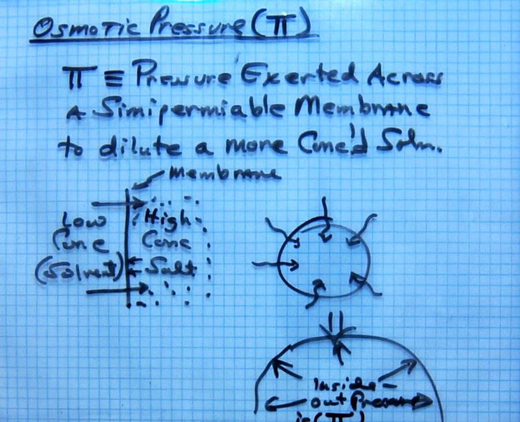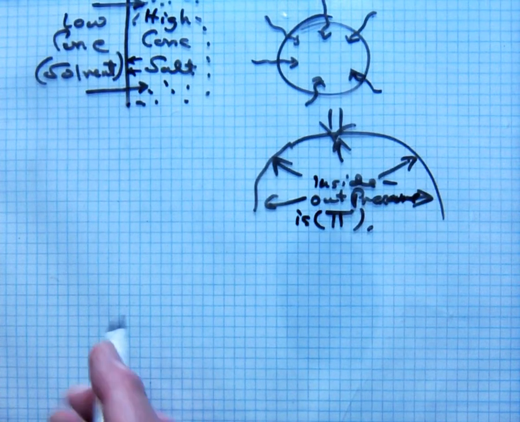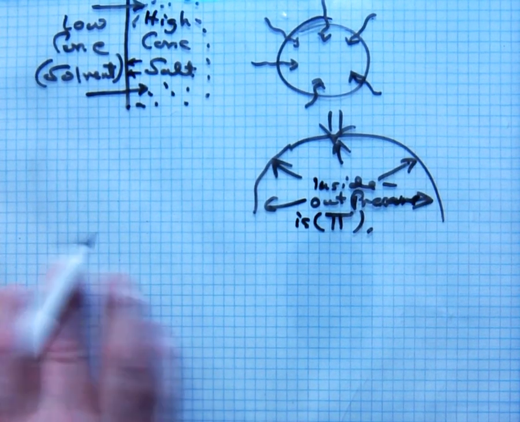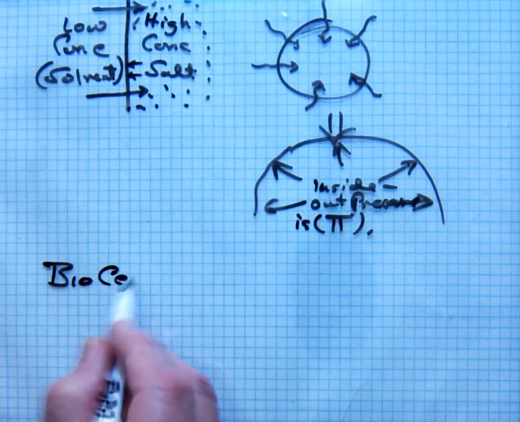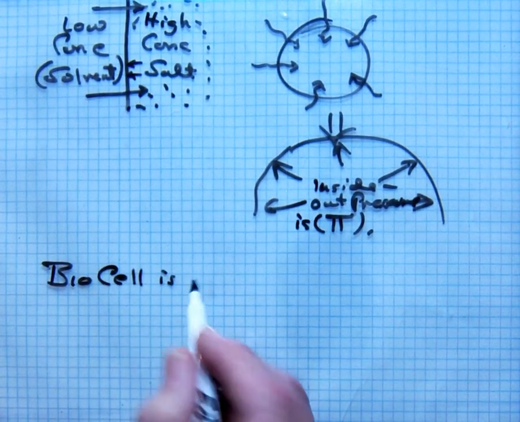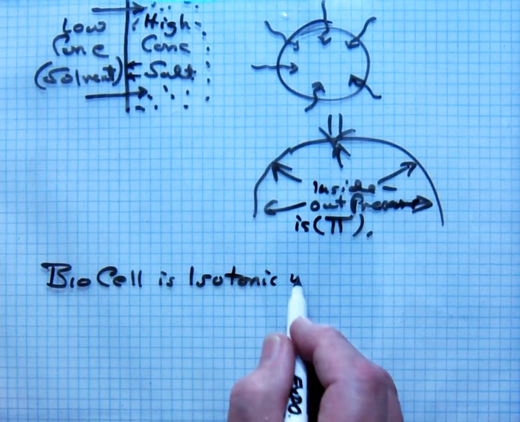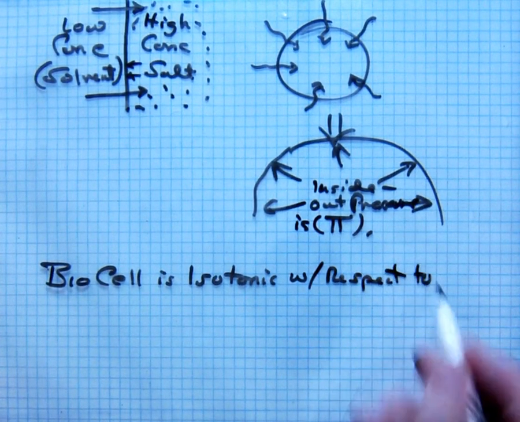Does that make sense? Kind of, because that's how the cells in our body function. Okay? In biology, you learned that the biological cell in animals is what we call isotonic with respect to blood plasma.